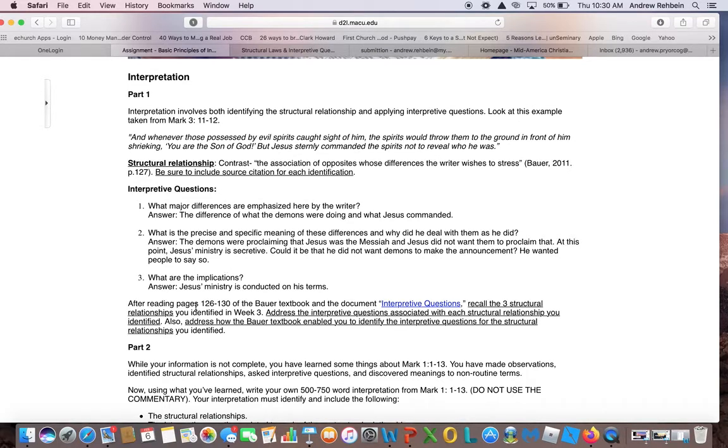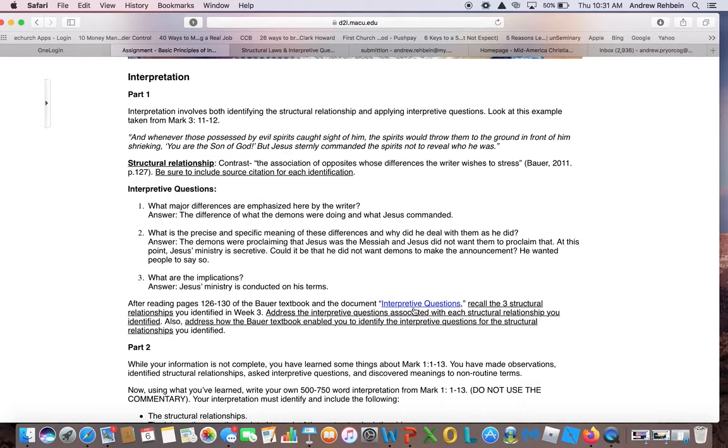You can find those interpretive questions on pages 126 to 130 of the Bauer textbook, or on this interpretive questions document that's embedded in the course. And so again, some structural relationships have interpretive questions that always link to them, that you just always want to ask.